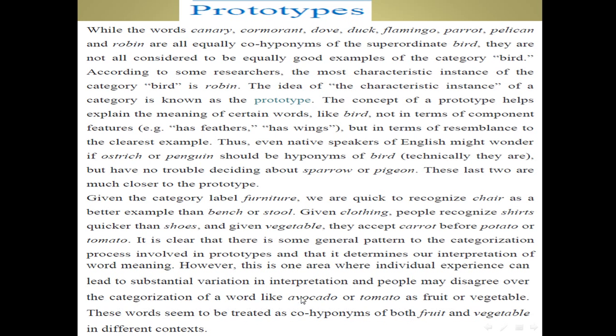These words seem to be treated as co-hyponyms of both fruit and vegetable. Avocado is a hyponym of a fruit. Tomato is a hyponym of a vegetable, in different contexts.